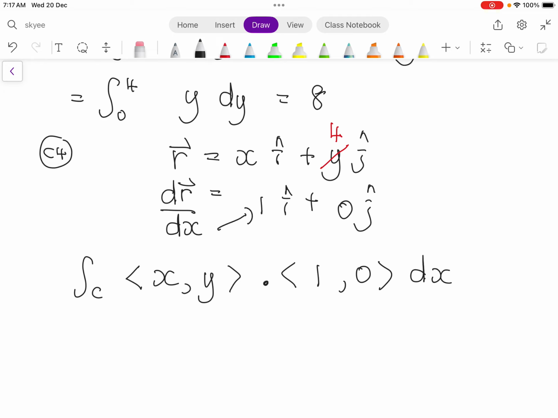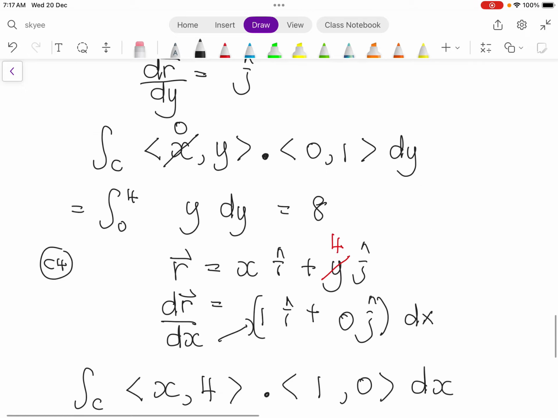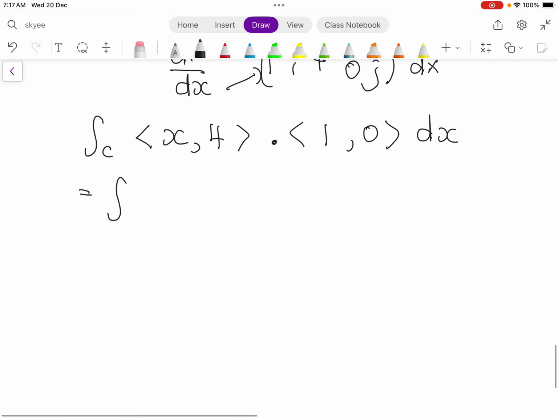When you multiply up, the dx will be here. Not yet complete, the y you have to replace with 4. Regarding the interval, you can refer here, the x interval is from 0 to 2, so you get x dx, which is equal to 2.